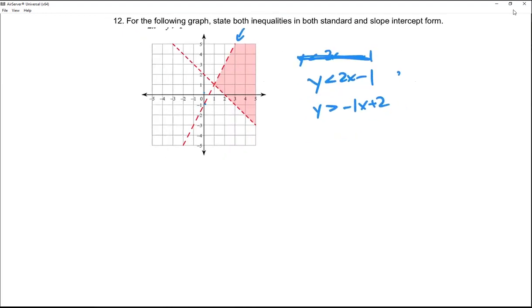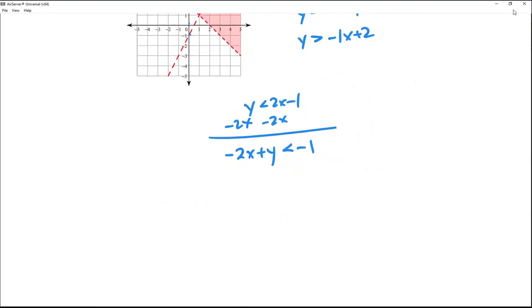So what you would have to do is for the y is less than 2x minus 1, subtract the 2x. So you get -2x plus y is less than -1. And you would have to multiply it by -1.